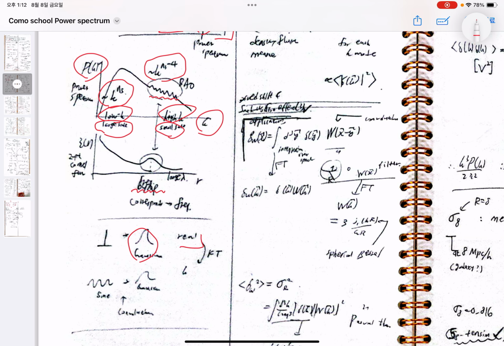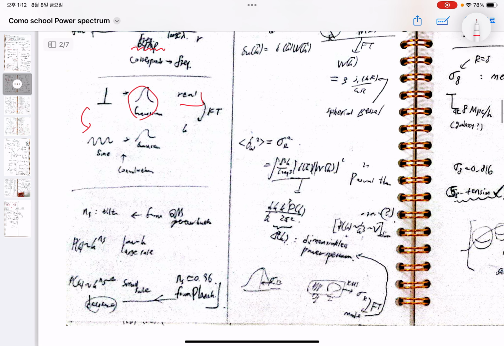And if we calculate the Fourier transformation of this, then this becomes a sine, and the convolution with the Gaussian function. Such n_s is called the tilt or spectral index, and this comes from the quantum perturbation of the inflation. And we know that the value of n_s is around 0.96 from the Planck measurement.